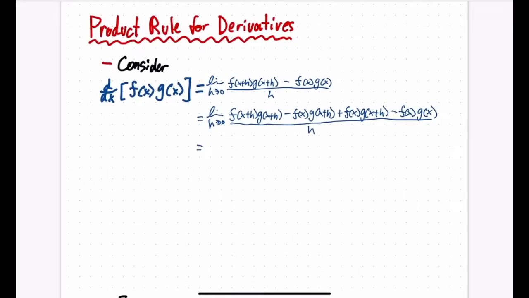now we have a lot of stuff going on up here, and we have terms in common that we can factor out. So from the first two, we see here, we have this g at x plus h in common, so we can factor those out. And we end up with g at x plus h, and what's left is f at x plus h minus f at x.